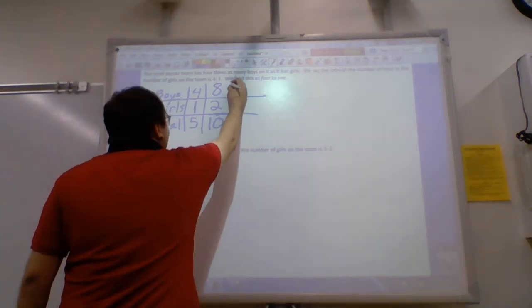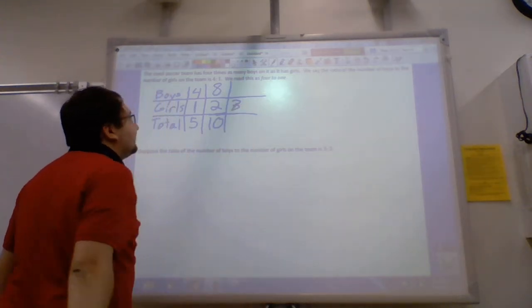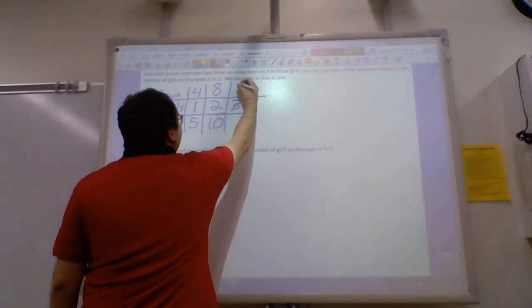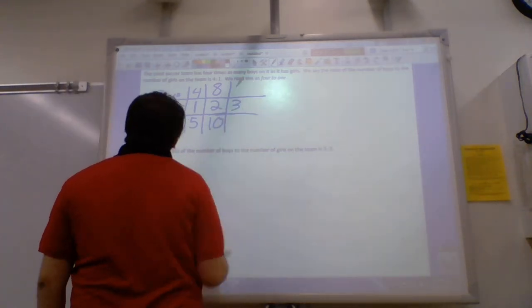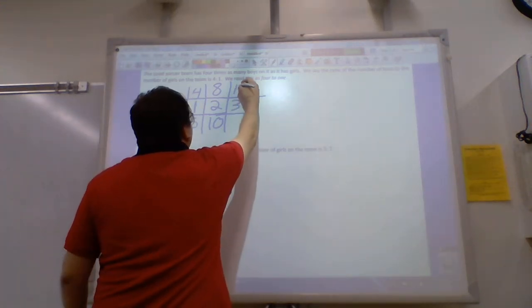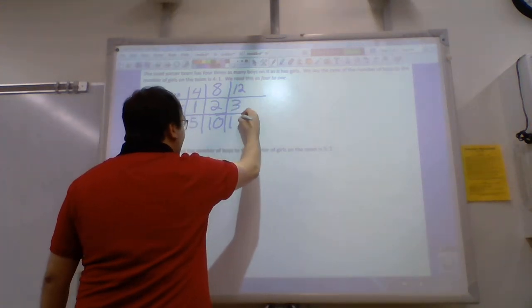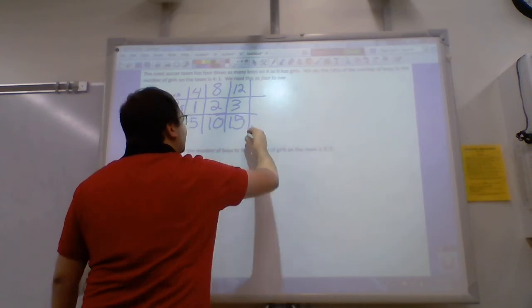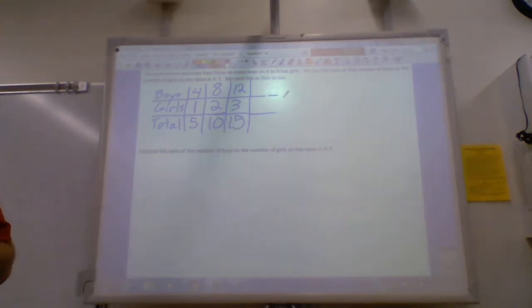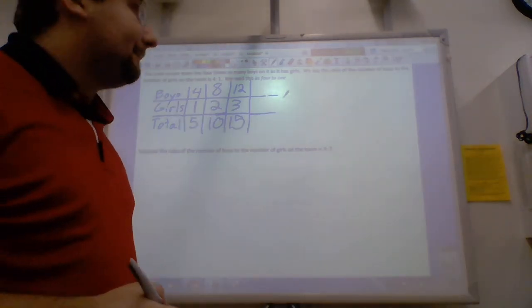If we had 3 girls on the team, we multiply our 3 by 4, and that gives us 12, with a grand total of 15 people on the team. We can keep going with this table, but it's going to be exactly like we had it last time.